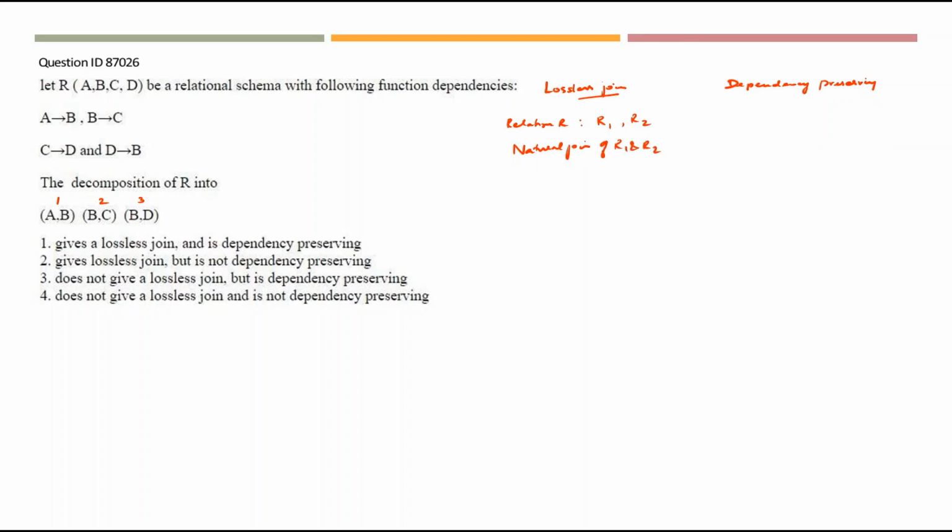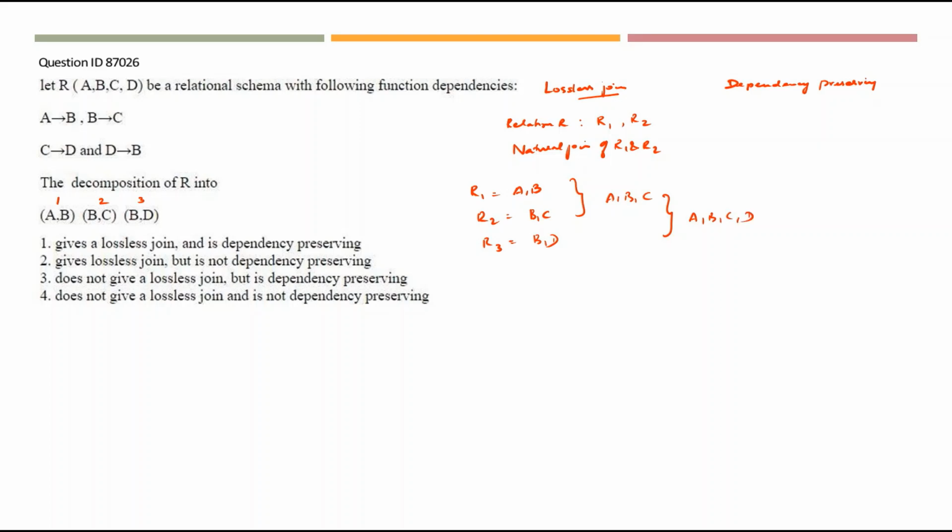So let's take R1 to be A, B, R2 to be B, C, and R3 to be B, D. Let's perform a join here. When I join R1 and R2, I will get A, B, C attributes. When I join the A, B, C relation with R3, I will get A, B, C, D. So all the attributes are covered here.